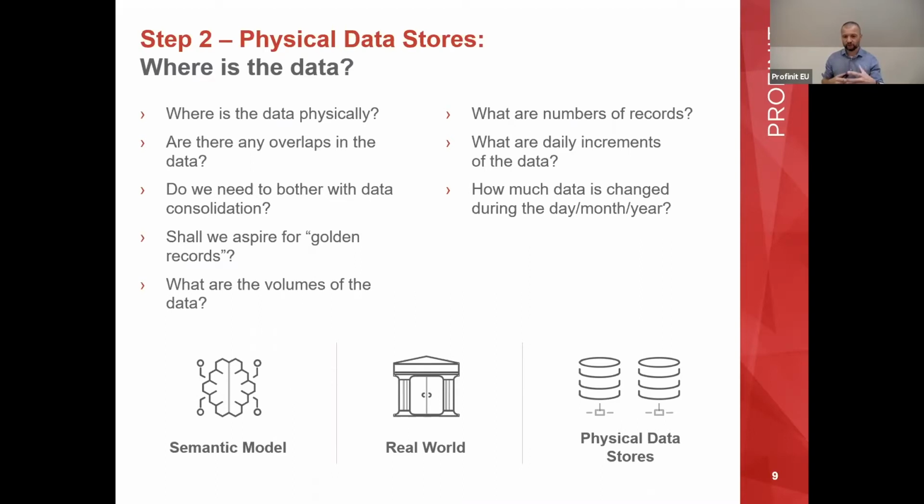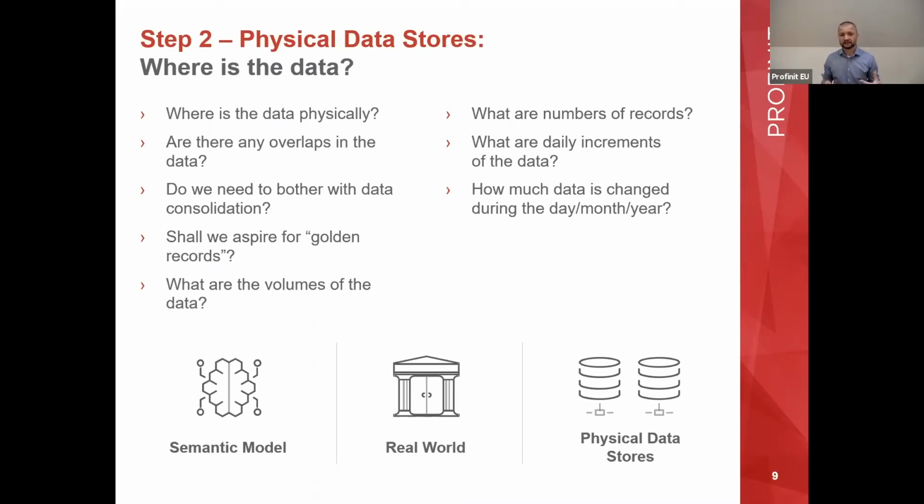What is the quality? In which system should I find better, more complete data? If there are more systems, I will also ask myself, do I need to consolidate the data? Do I need to create golden records, to pick the best quality pieces of the data and use them for golden records creation?